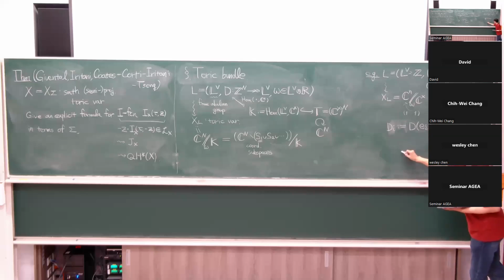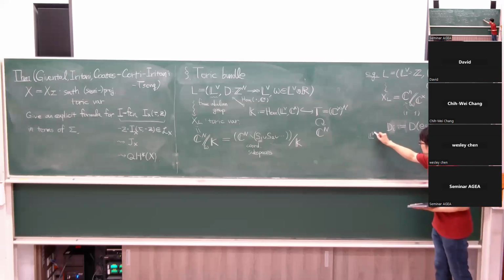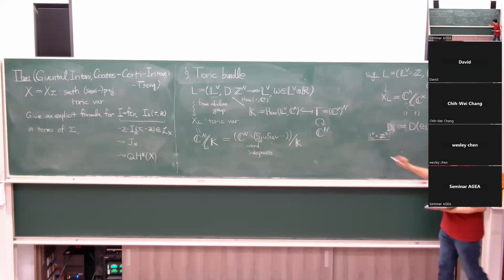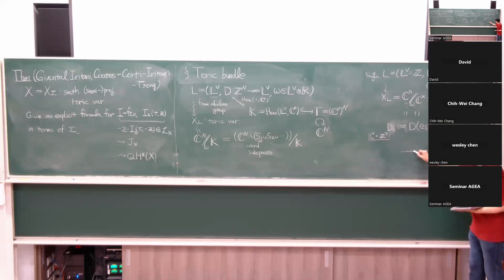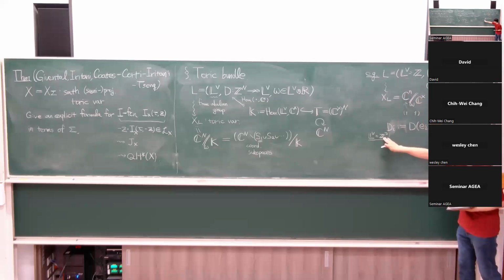In general, okay, for the rank 2 case, D_i is a point on L dual, so it's a point on this. So we can visualize them like this.